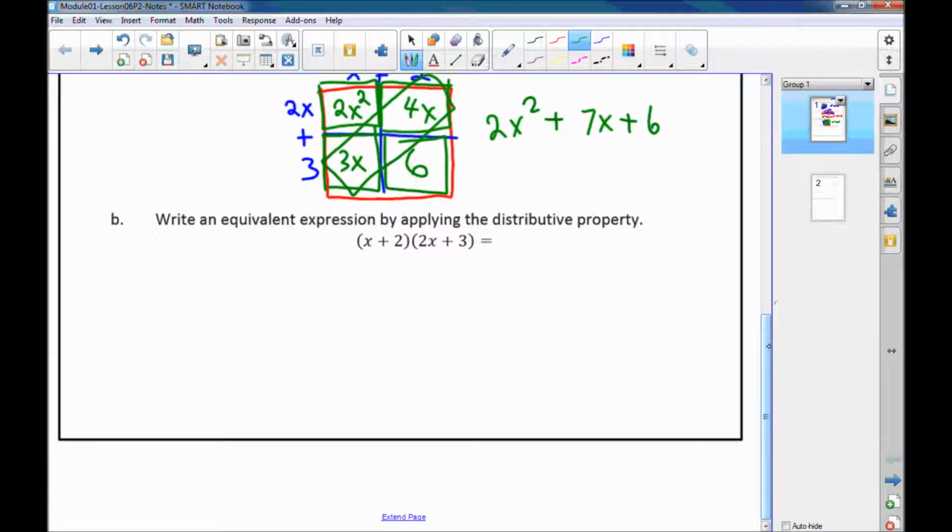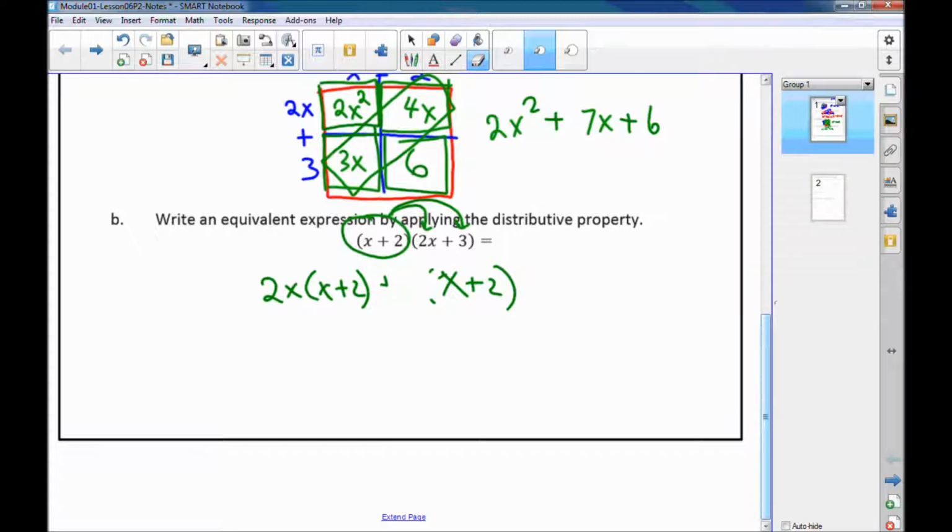All right, lastly, write an equivalent expression by applying the distributive property. So we're doing the same thing. We're going to take this x plus 2 and distribute it to the 2x and to the 3. So we're going to get 2x times x plus 2 plus 2 times x plus 2. Okay, except this is supposed to be a 3 here.